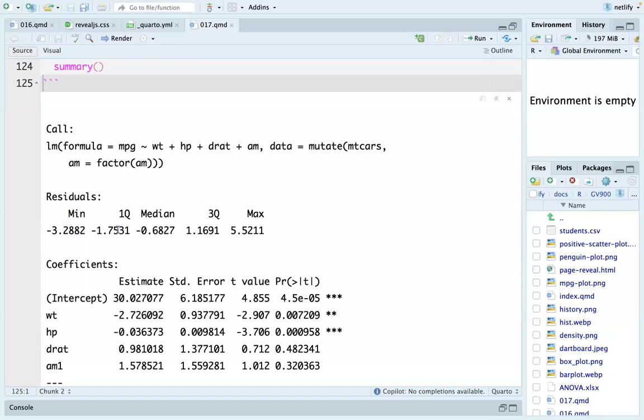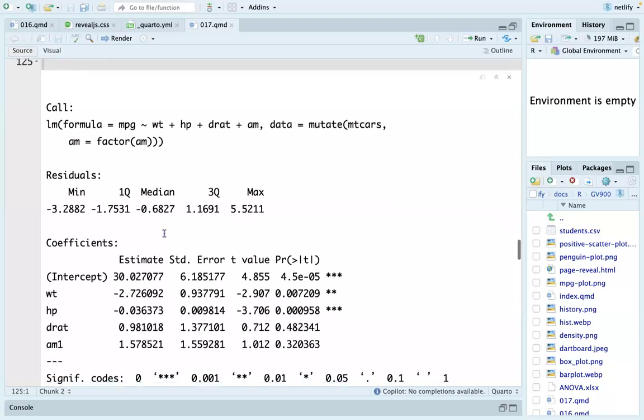It's a summary of residuals. Normally, if it's a good model, the residuals should be normally distributed around 0. Here we can say it's around -3 to 5, around 0, and the median is not exactly 0, but close.